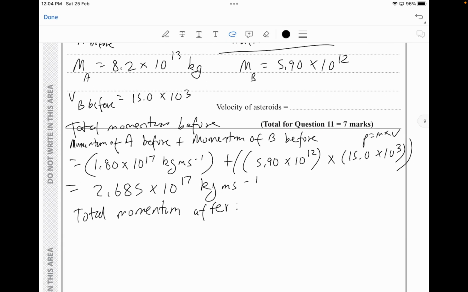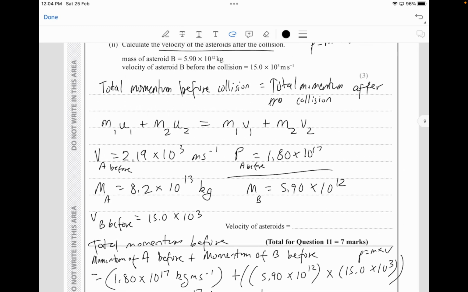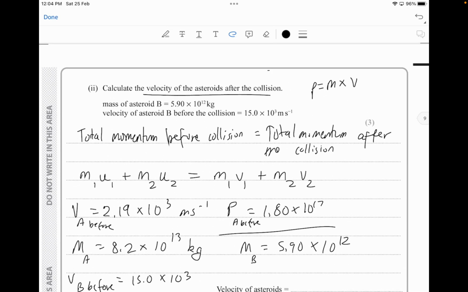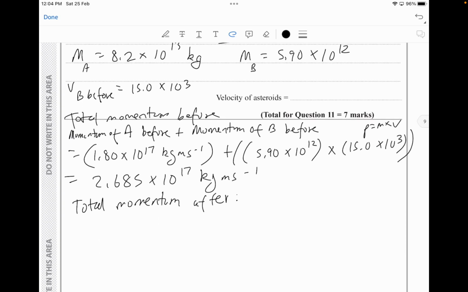The reason is that if we add up the total mass of both asteroids A and B and multiply by the velocity, since we have to calculate the velocity of both asteroids after the collision, that would indirectly help us get the momentum. So to find the total momentum after, we're going to use the total mass of the asteroids.